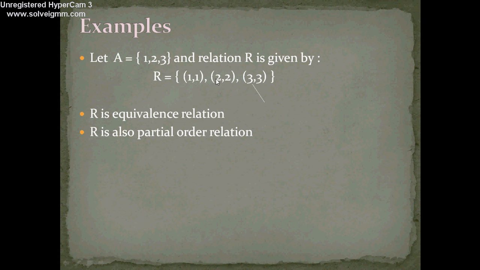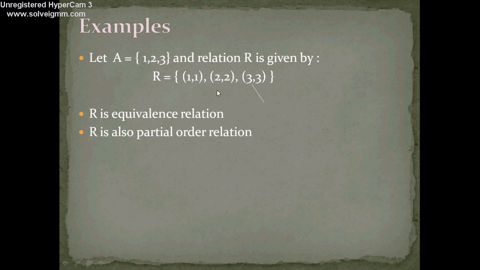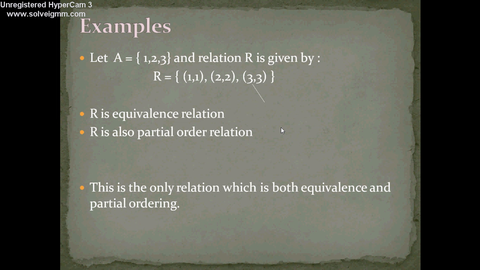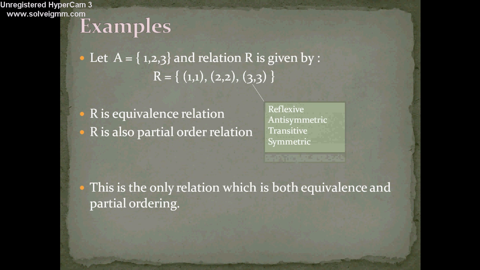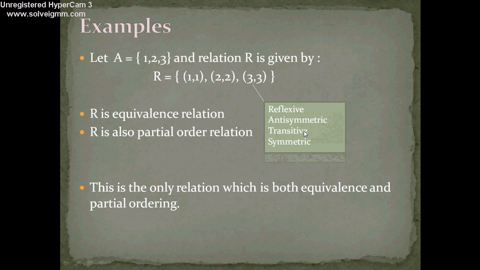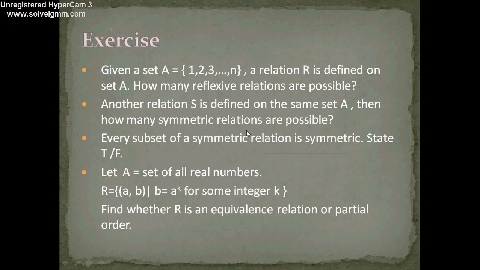Also, it is a partial order relation because reflexivity and transitivity are already satisfied, and it also satisfies the antisymmetric property. So this is a relation which is both an equivalence and a partial order. Because it satisfies reflexive, symmetric, and transitive, it is an equivalence; reflexive, antisymmetric, and transitive, therefore it is a partial order relation.